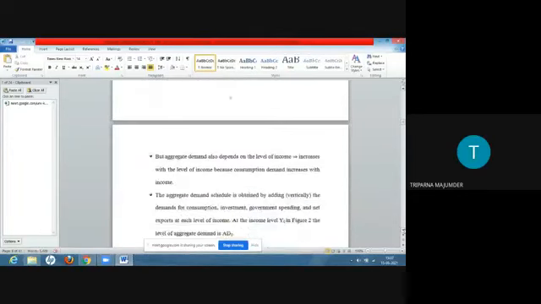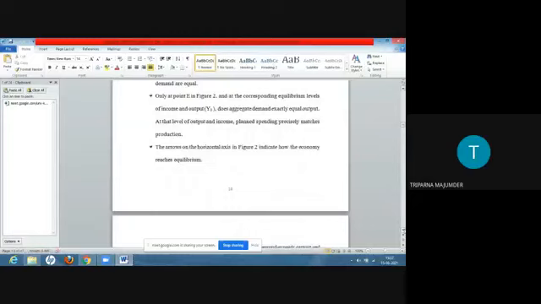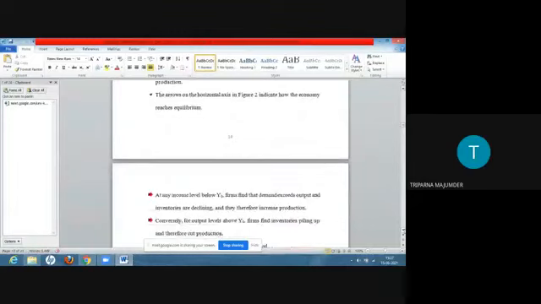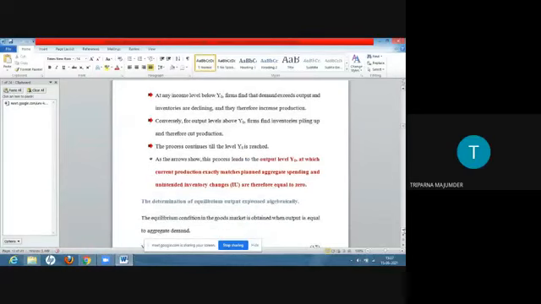So at equilibrium, we have aggregate output equal to aggregate demand. Then savings is equal to investment.